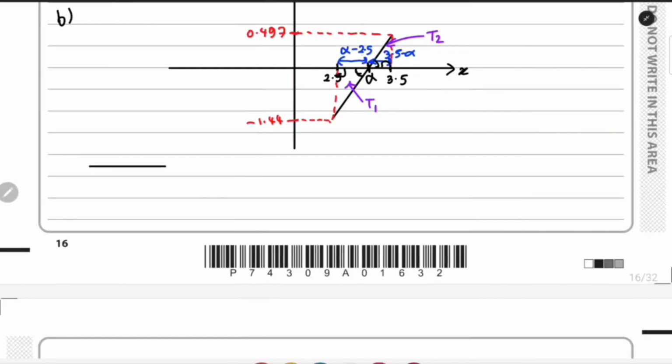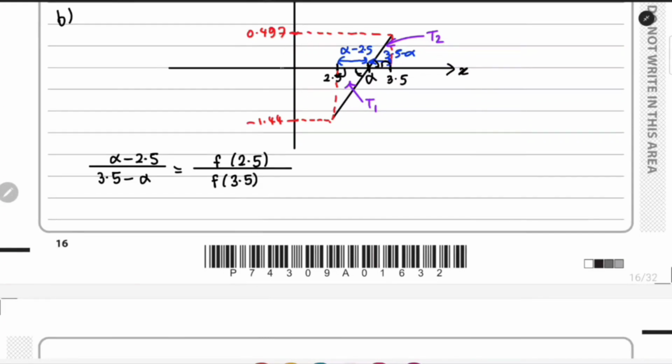Then we'll have the base of triangle 1, alpha minus 2.5, divided by the base of the second triangle, 3.5 minus alpha, and this will be equal to the height of triangle 1, which is f of 2.5, and the height of triangle 2, which is f of 3.5.